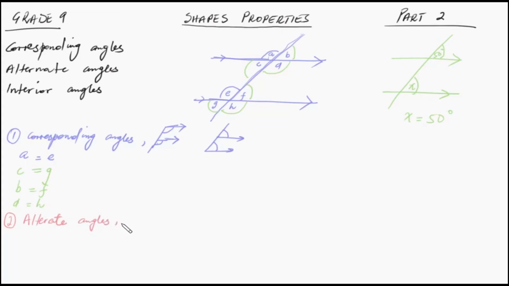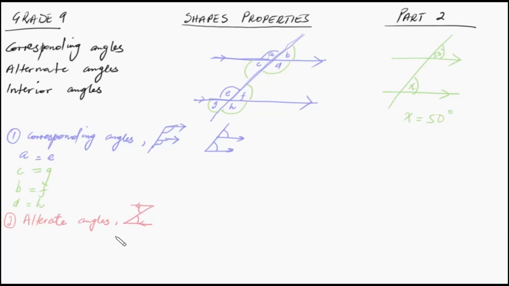I will supply you with a tool, and my tool this time is Z. Okay? Z. So Z angles. If these two lines are parallel, then this is a transversal. These are two parallel lines. This is a transversal. Then this angle and this one are alternate angles. And alternate angles are equal.